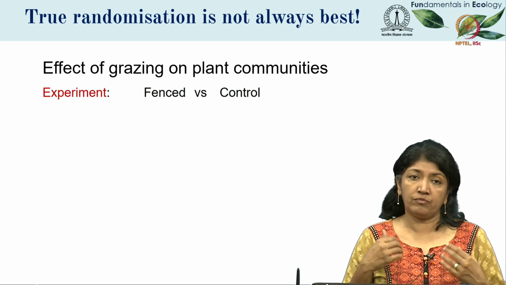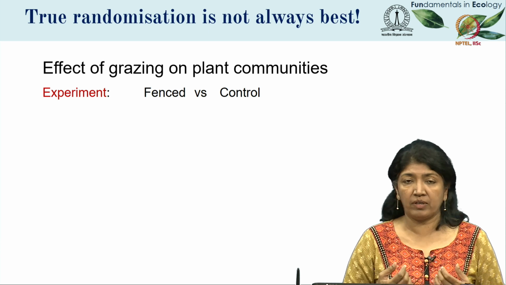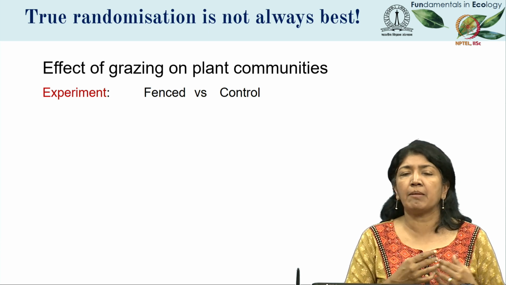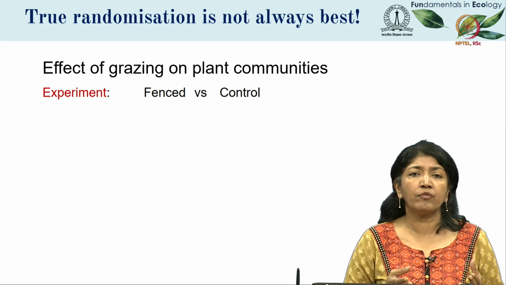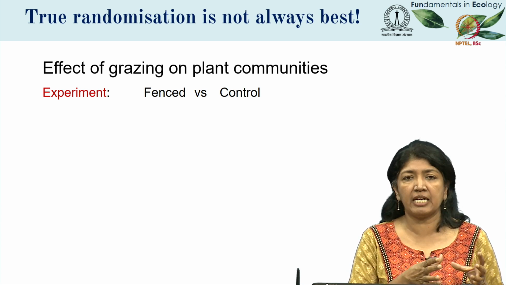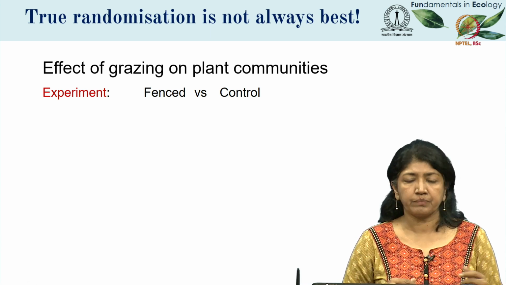Now, fencing is quite expensive and maintaining fences requires a lot of effort. So, typically I might have only a moderate sample size, maybe only 10 or 15 fenced exclosures that exclude these large antelope and 10 or 15 control areas.